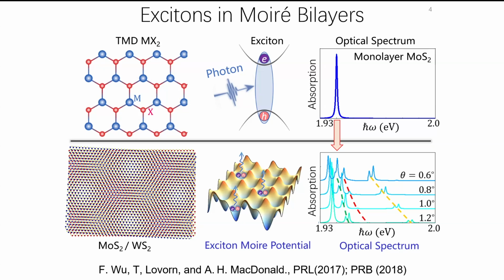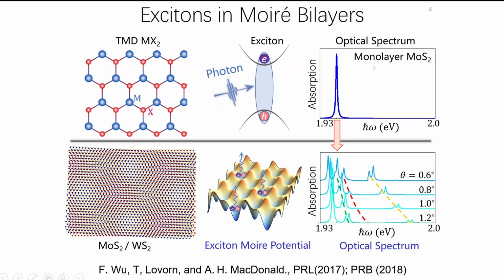The excitons move in the periodic potential of the Moiré superlattice, and this leads to band folding. The excitons outside of the light cone are folded back to the light cone, and then there can be extra exciton absorption peaks. This is a cartoon picture.